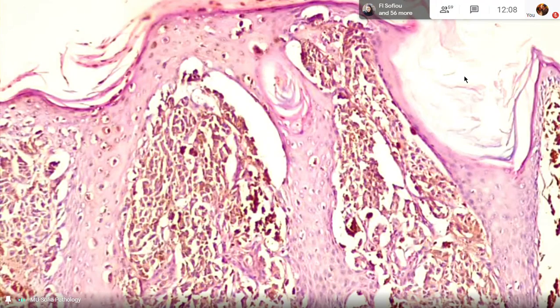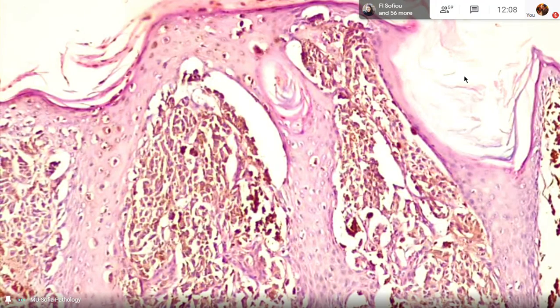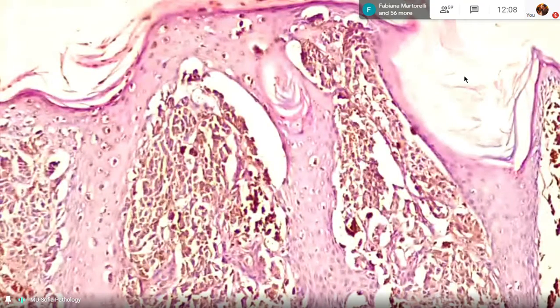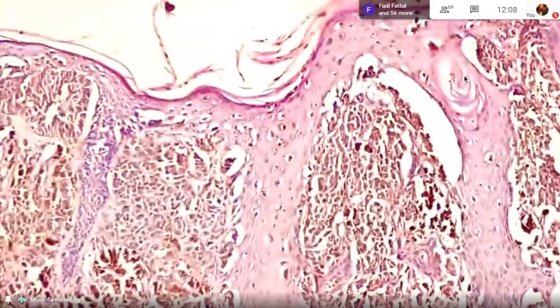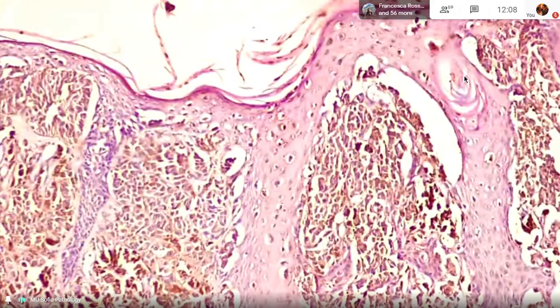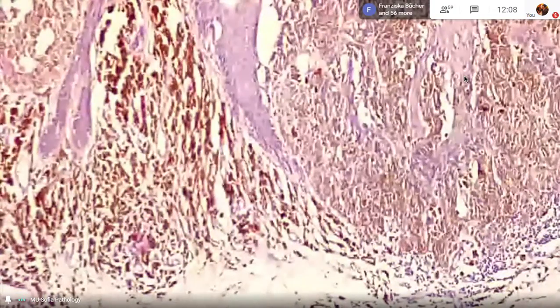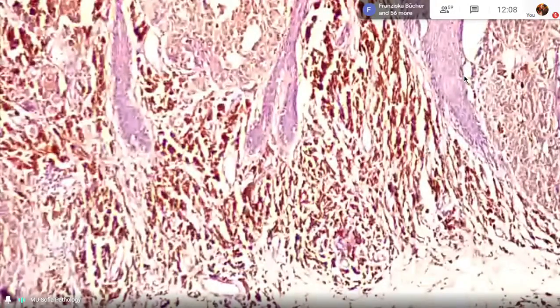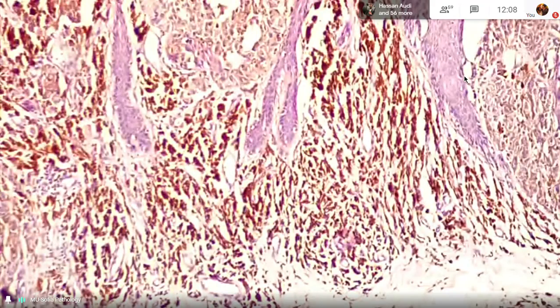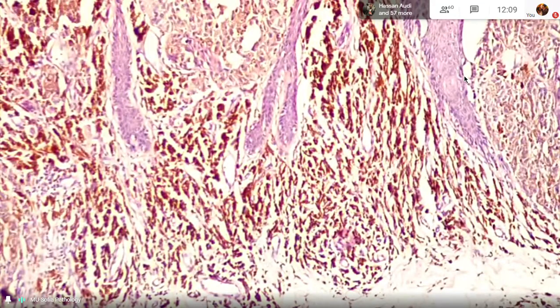So A stands for asymmetry, B for the borders, C for the color, because at least in some areas you have a darker pigmentation and in some areas you have no pigmentation. So changing the color is very important, alarming for melanoma malignum.